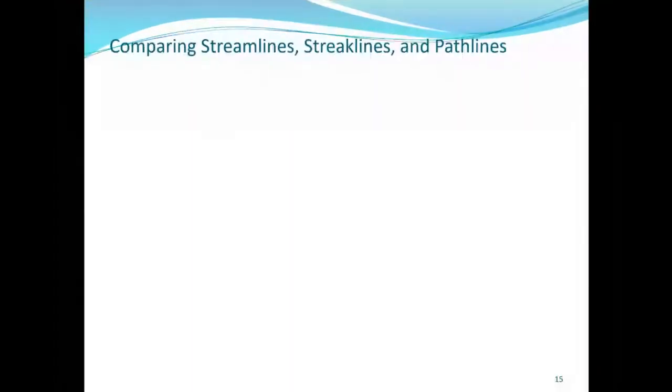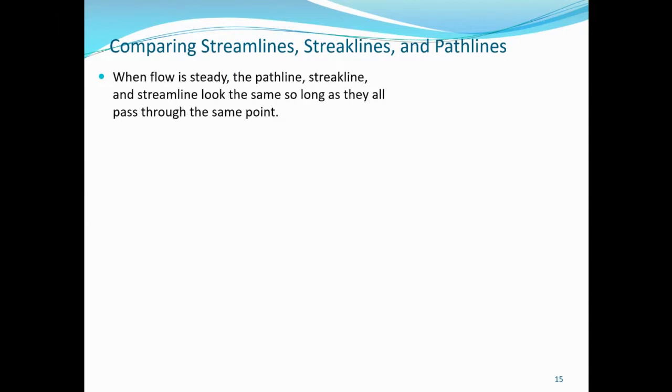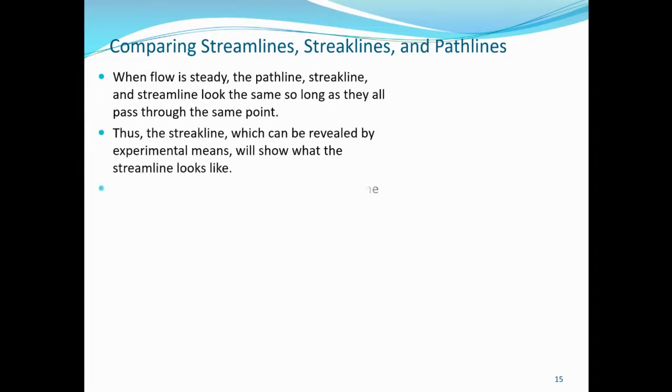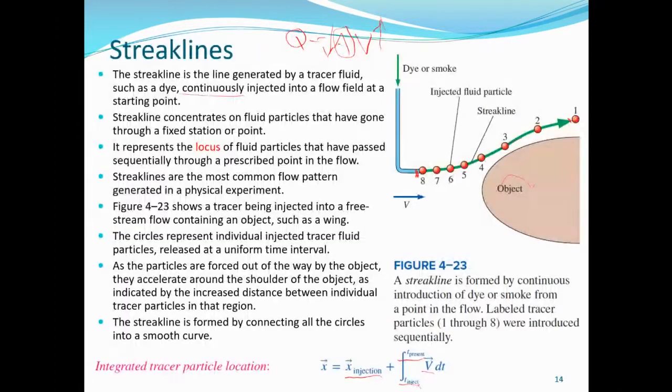Okay, so now I'm comparing streamlines, streak lines, and path lines. When flow is steady, path line, streak line, and streamline look the same so long as they all pass through the same point, which I mentioned. You can also see that a streak line is a function of time interval: it's the time to inject and the time to be present at the point of observation, while a streamline is instantaneous.